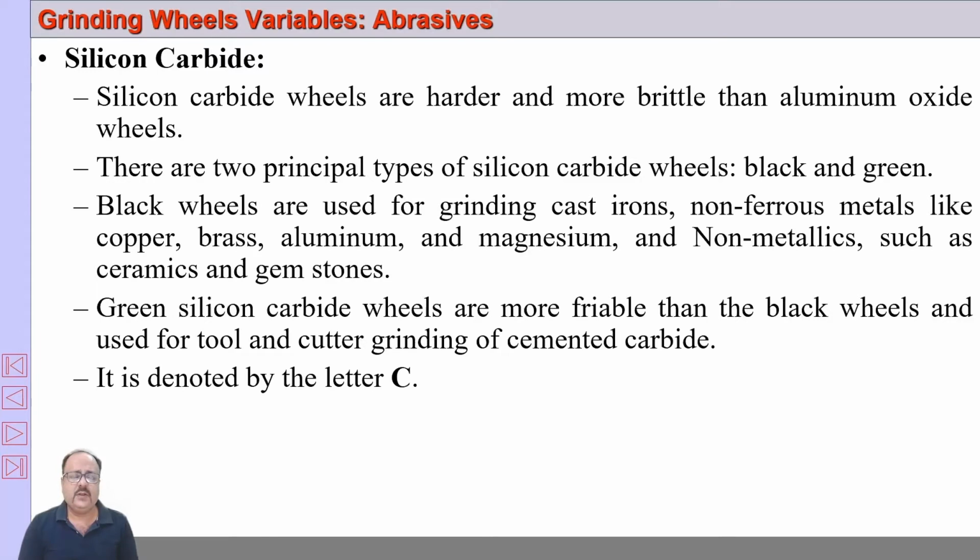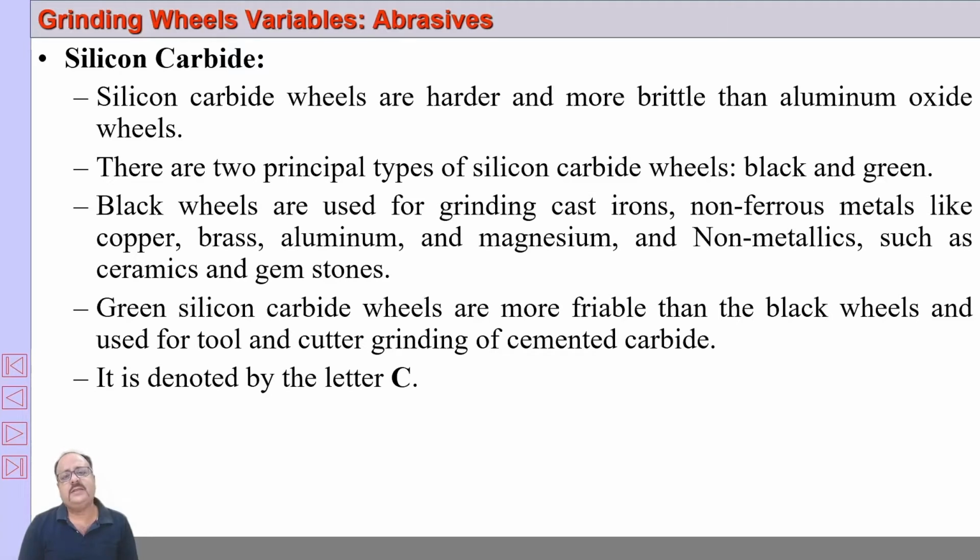The black is normally used for grinding cast iron and non-ferrous alloys like aluminum, copper, magnesium, brass, and also non-metallics such as ceramics and gemstones. The green one is mainly used for tool and cutter grinding of cemented carbides and also high-speed steel.